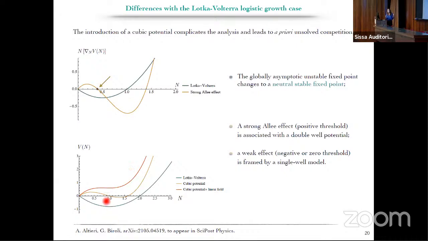The Lotka-Volterra potential is basically framed within a parabolic potential, a quadratic potential in the species abundances, whereas the strong Allee effect and the weak Allee effect can be described by a two-well or a single-well model. A strong Allee effect, which as I said is associated with a positive threshold, is associated with a double-well potential, whereas a weak Allee effect, which corresponds to a negative or zero value of this parameter m, is framed by a single-well model.